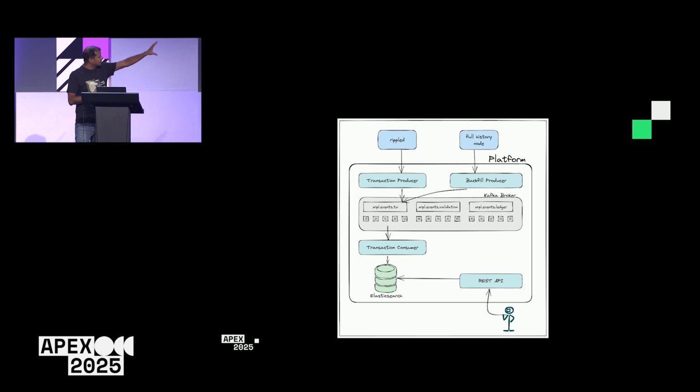So you see there's a gray box over there. That's the Kafka stream. Everything that goes in, either via ledgers closing in or backfilling via a full history node, goes into the Kafka cluster. And using a consumer and producer model, we index these transactions into the Elasticsearch cluster. That's what we'll be using to query transactions.